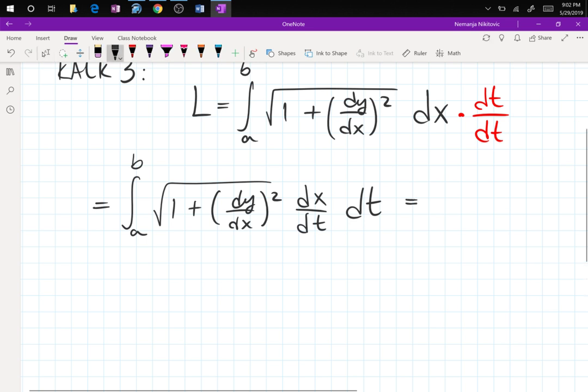The next step is to bring this dx dt under the square root. And when you do that, it will pick up a square.